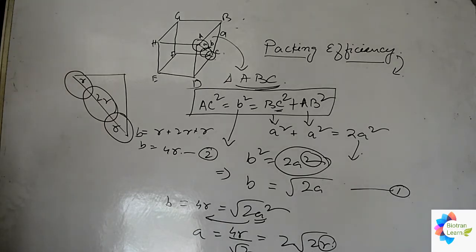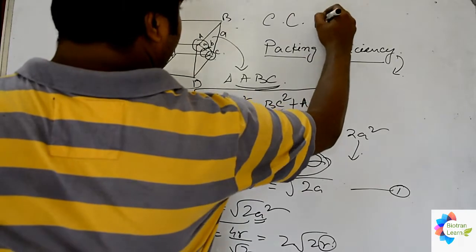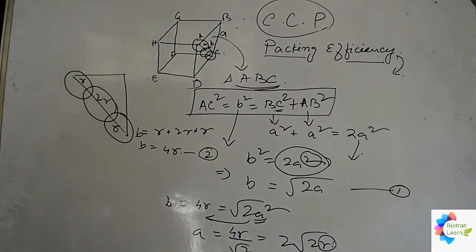Okay. Now if each unit cell is considered in this case, in case of CCP structure, this is a closed packing structure, closed cubic packing, right?